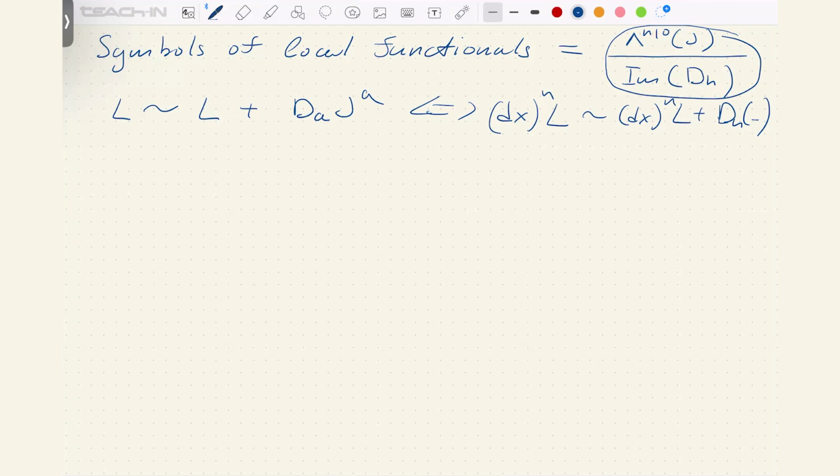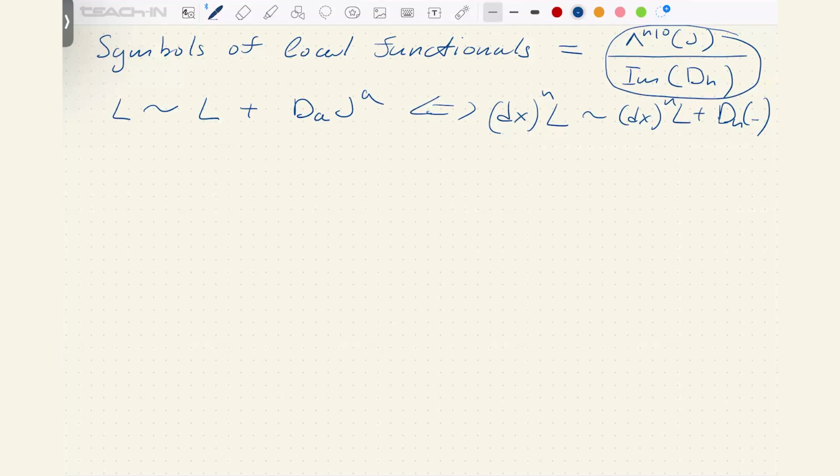But if you work in terms of jet spaces, and if you make sure that you can disregard boundary contributions, it's a good idea to work in terms of this quotient space instead of real local functions, because it's much simpler to work with this quotient space of local functions, because you are almost working with something which is almost finite dimensional, right? And this is a space, for instance, where the Lagrangian sits, right?